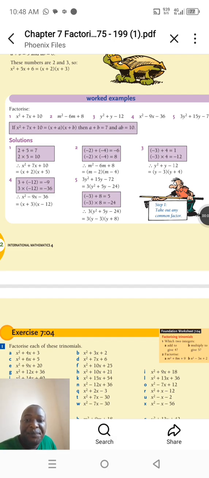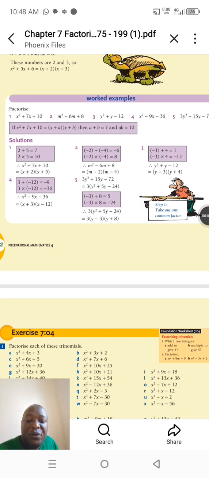Question 2, m squared minus 6m plus 8. So the coefficient of m squared is 1. Then we multiply by the constant c, which is 8. So the product is 8 and the sum is negative 6, and negative 6 is the coefficient of m.